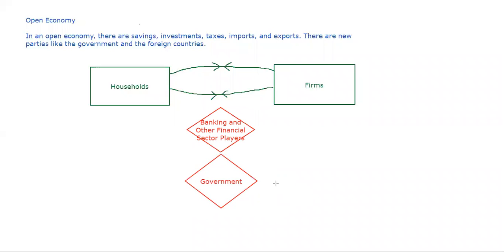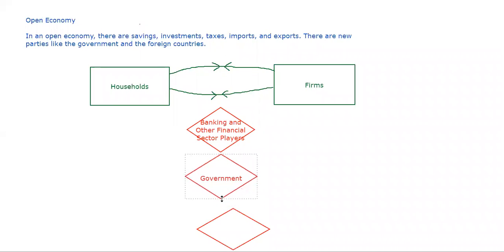And then you have another player that is called the foreign countries. Let us resize the government so that we do get some space. So foreign countries.